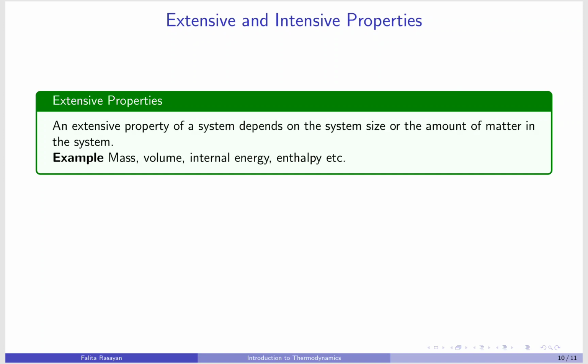So here the volume is proportional to the size. You can gauge that the 2-liter bottle is much bigger. So that is why volume is an extensive property.